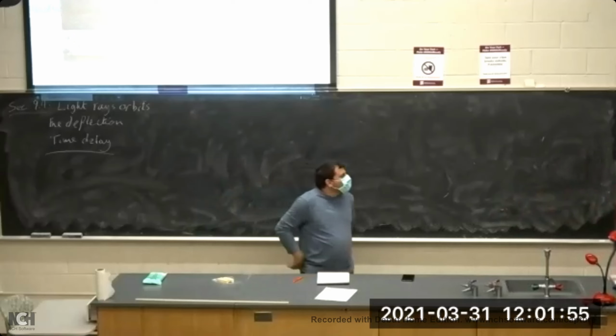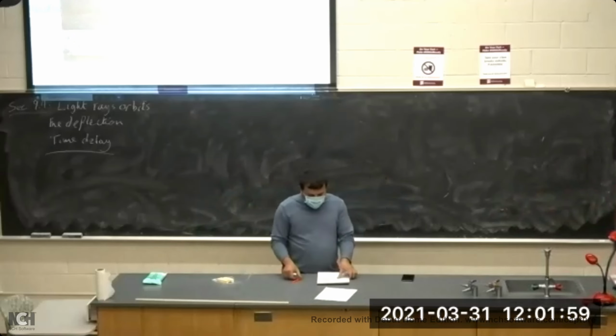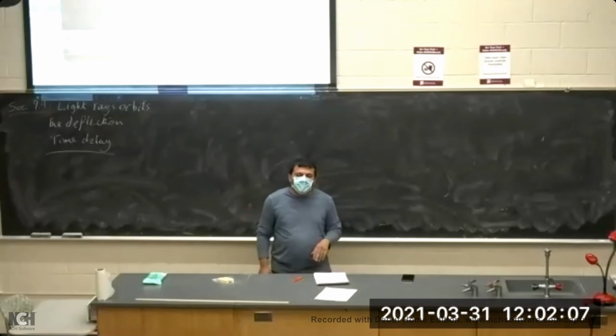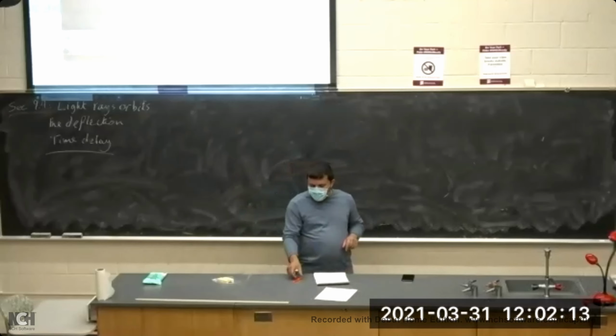Okay, good morning. Good afternoon, everybody. I hope I will be clear in this lecture. I will talk today about light rays, orbits, deflection, and time delays for the light signals near massive objects.